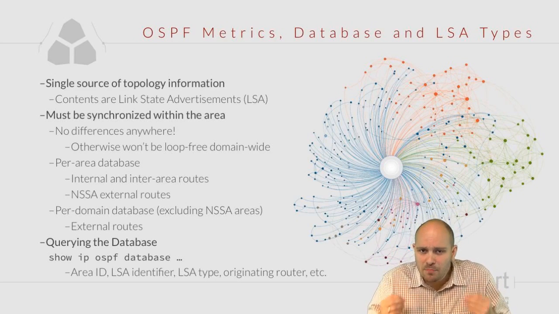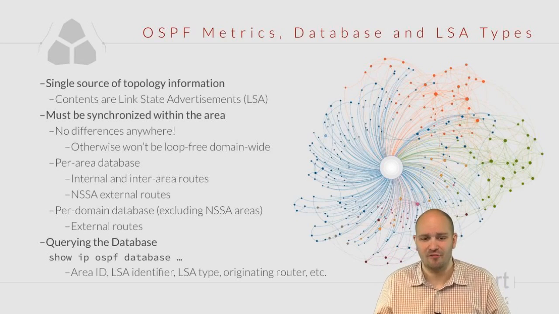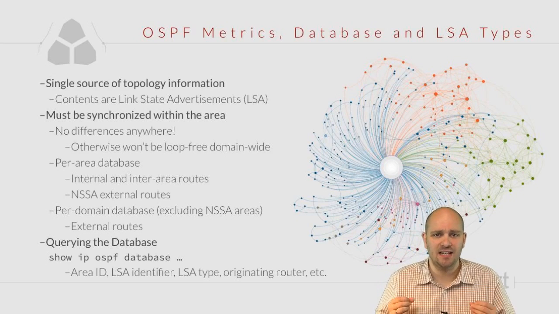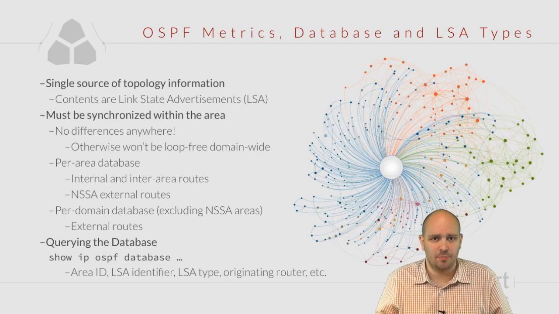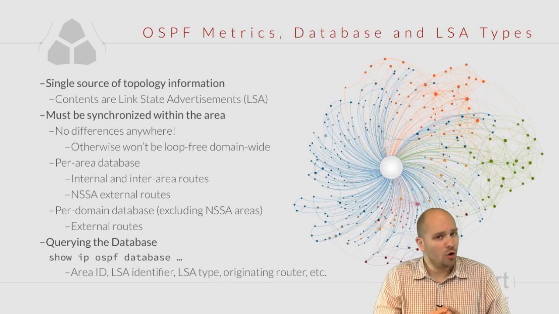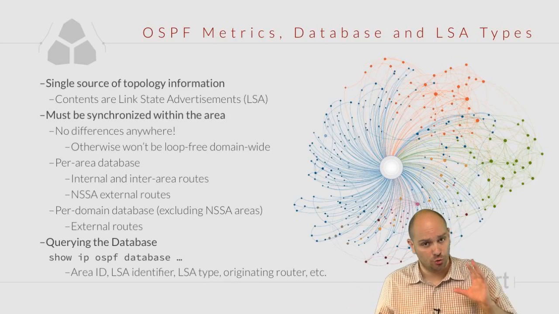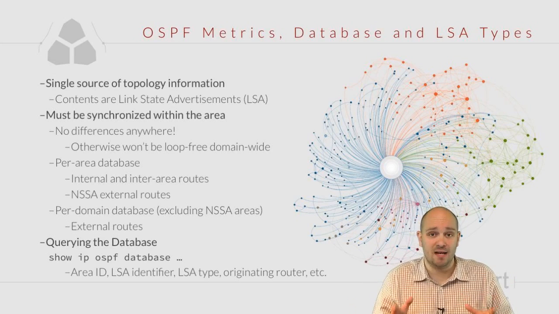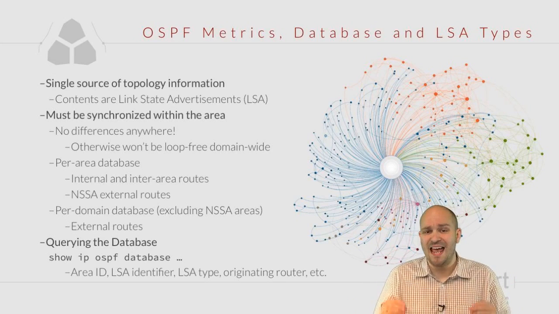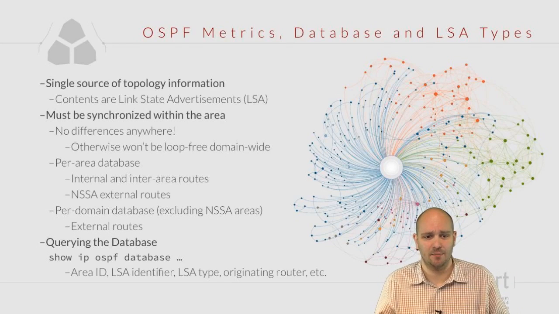Now, a fundamental concept in OSPF is database integrity, or database synchronization. The databases within the area on all the routers, those databases that are shared in that particular area, must be identical. There must be no differences anywhere in that database.